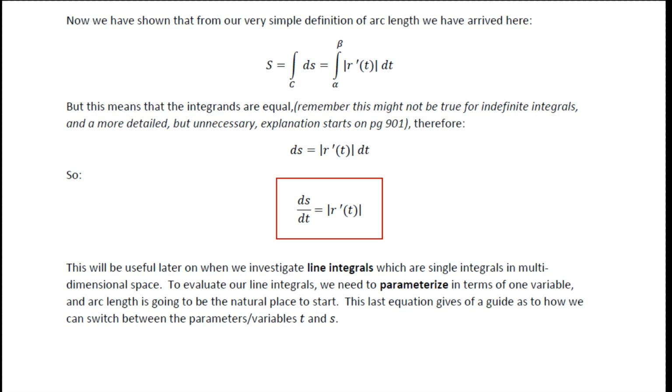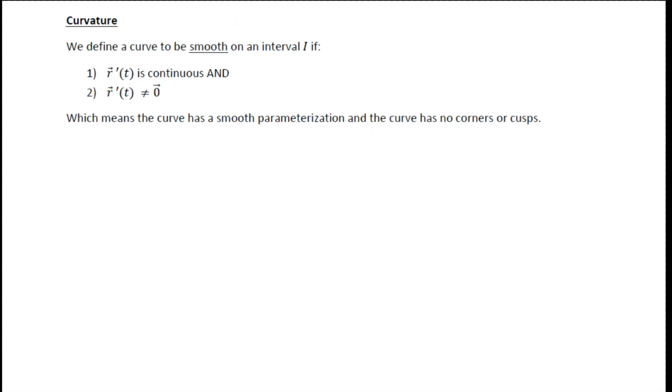But now it's time to switch gears a little bit, and we're going to talk about curvature. Before we can really define what curvature is, curvature is only going to make sense if we have what's called a smooth curve. Your intuitive idea of what it means for a curve to be smooth is exactly right, but we have to be able to define it mathematically as well.